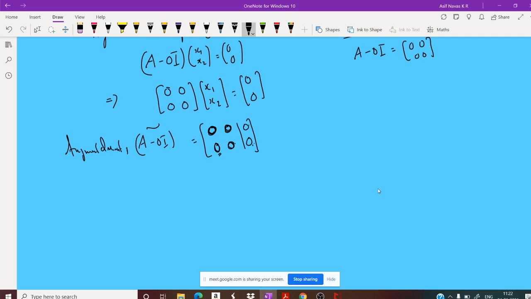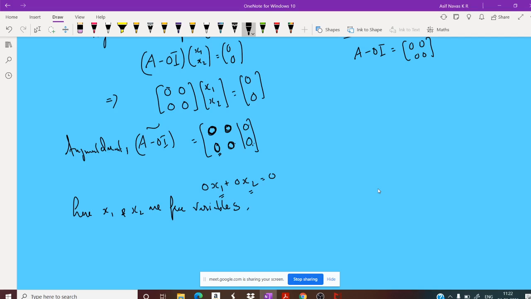Now tell me, what is this equation? We get 0 x1 plus 0 x2 is equal to 0, and the above equation is also the same. So what can you tell about the eigenvectors? There is no condition for x1 and x2, so x1 and x2 are free variables here. Have you got it?